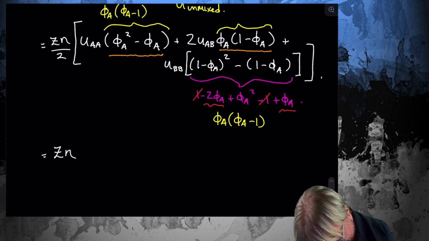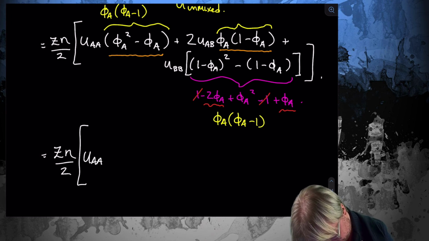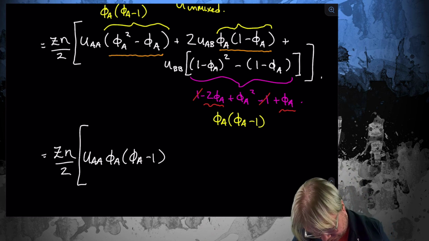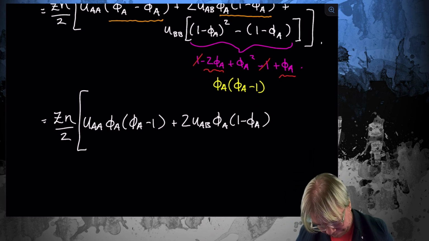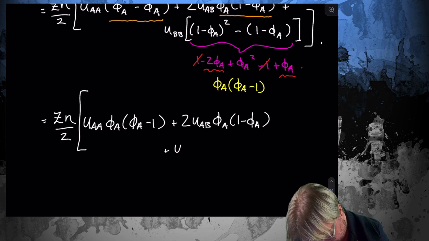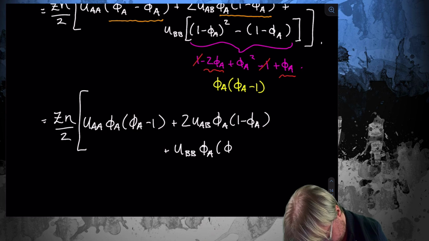So this is Zn divided by 2 times UAA phi A times phi A minus 1 plus 2 UAB phi A 1 minus phi A, and then plus UBB phi A minus 1.